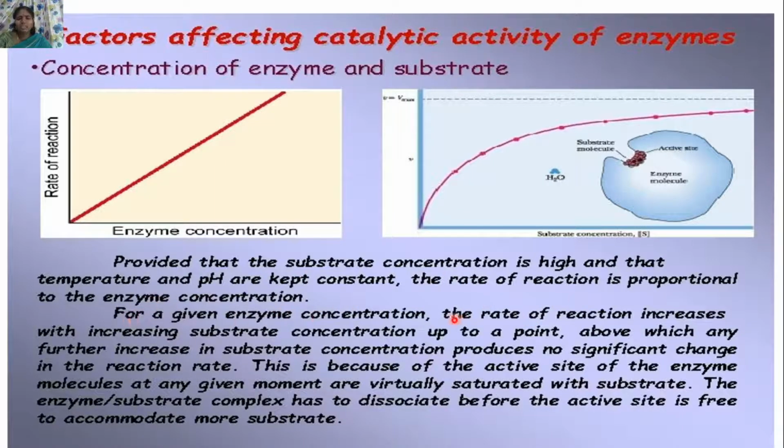For any given enzyme concentration, the rate of reaction increases with increasing substrate concentration up to a point above which any further increase in substrate concentration produces no significant change in the reaction rate. This is because the active sites of the enzyme molecules at any given moment are virtually saturated with the substrate, and the enzyme-substrate complex has to dissociate before the active site is free to accommodate more substrate.